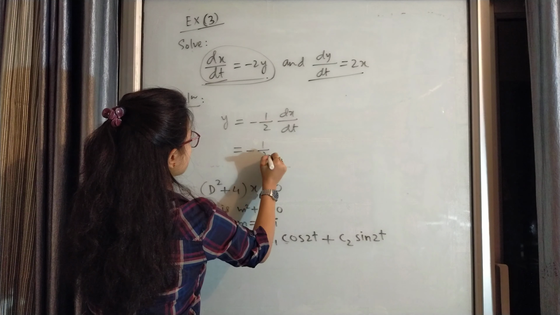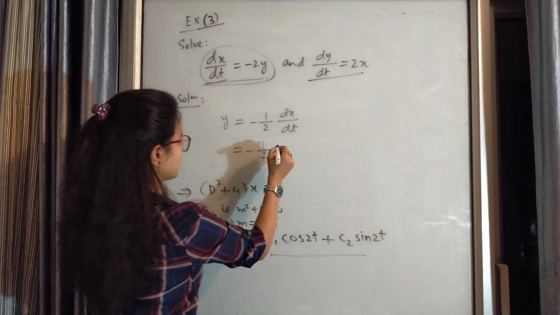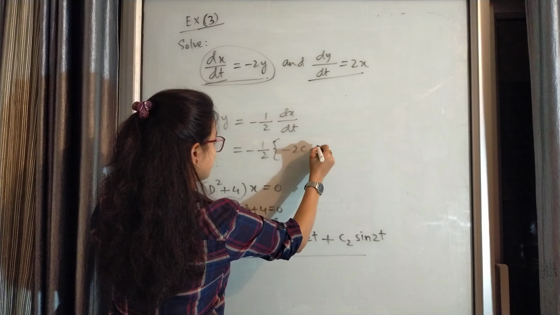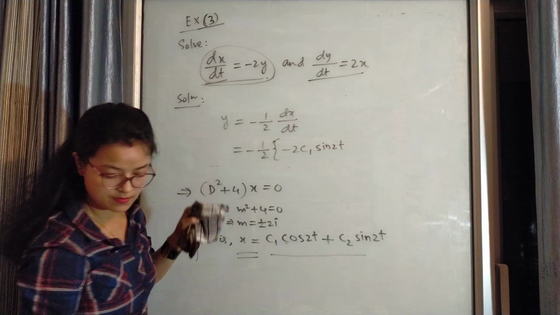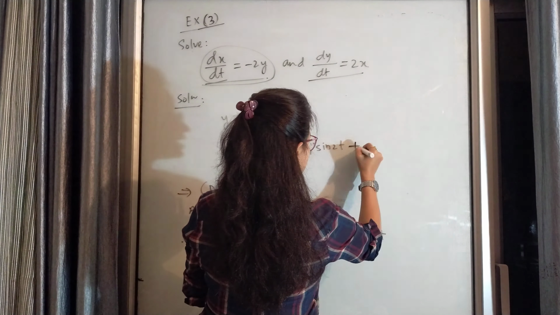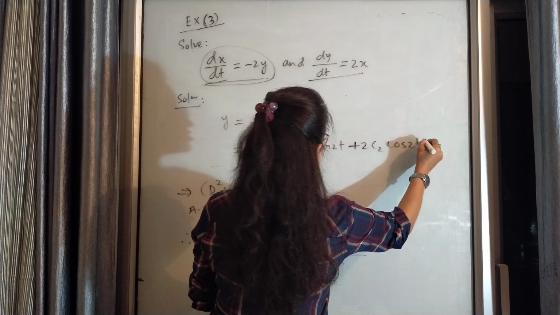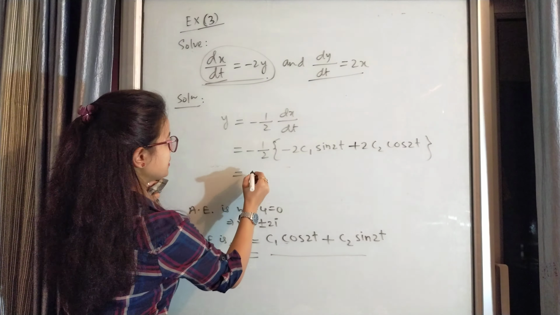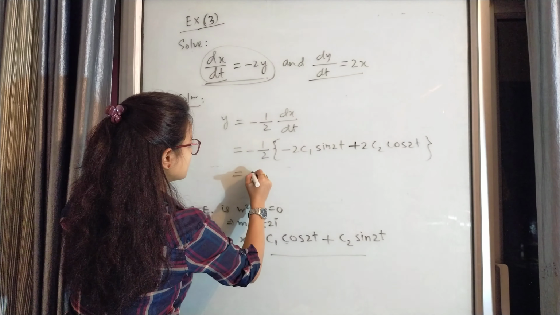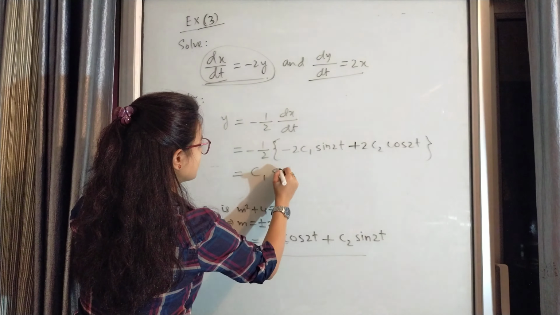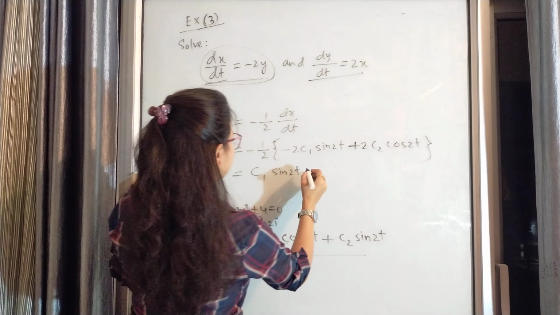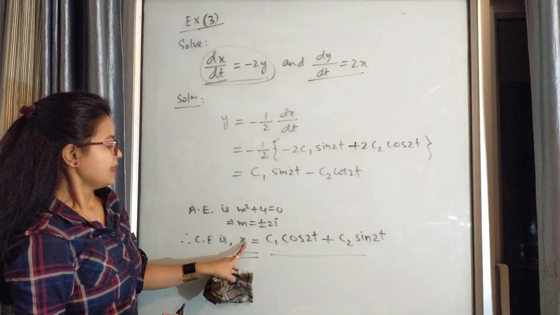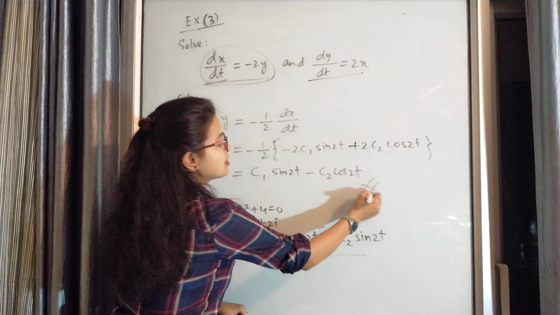So minus half dx/dt, differentiating this part we will get minus 2c1 sin 2t plus 2c2 cos 2t. Then simplifying this, we have c1 sin 2t minus c2 cos 2t. So hence x and y together give the general solution to this system.